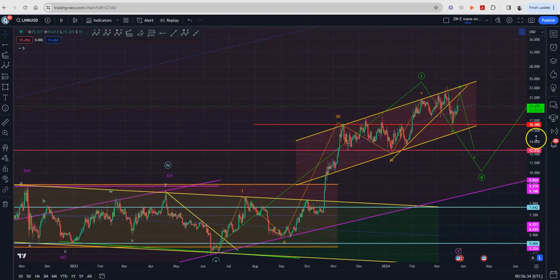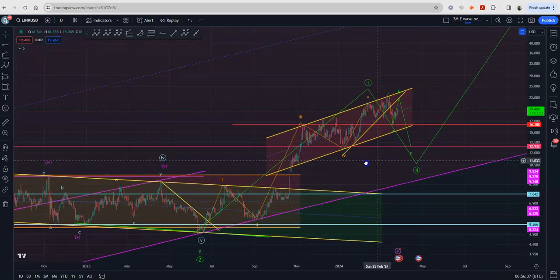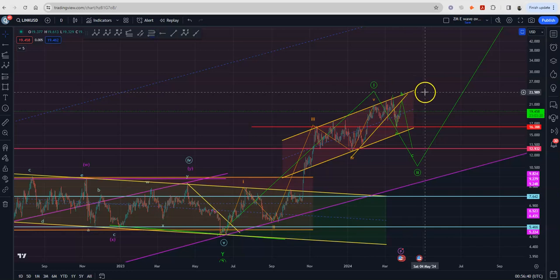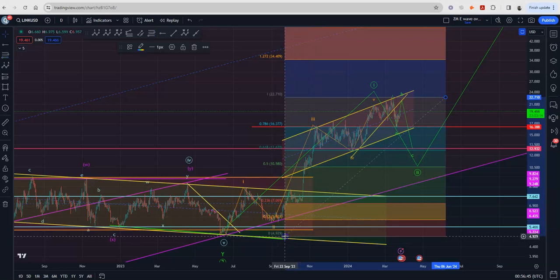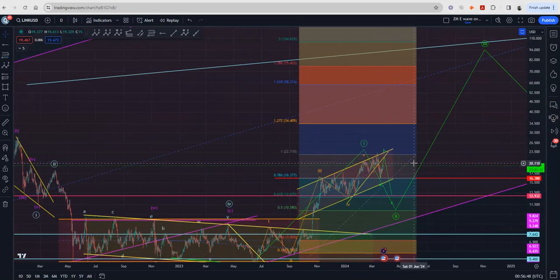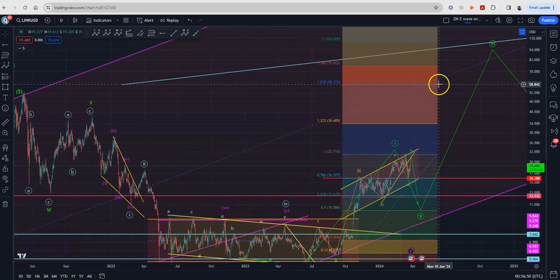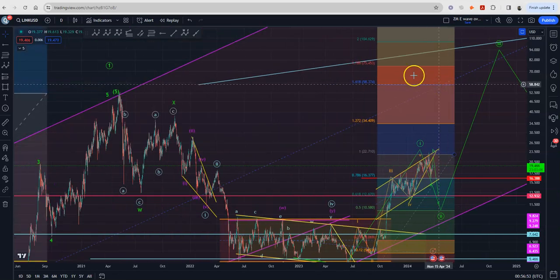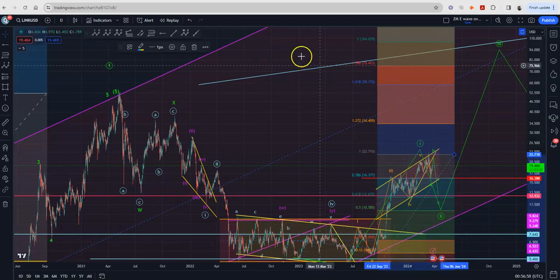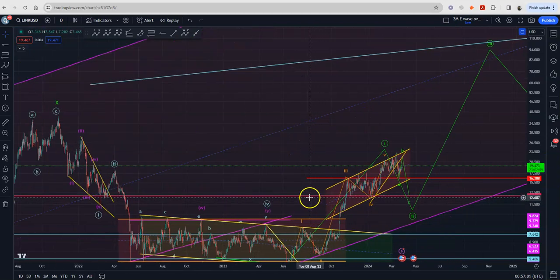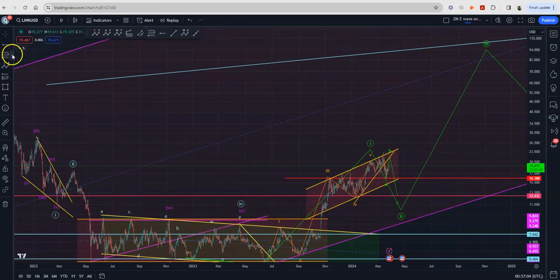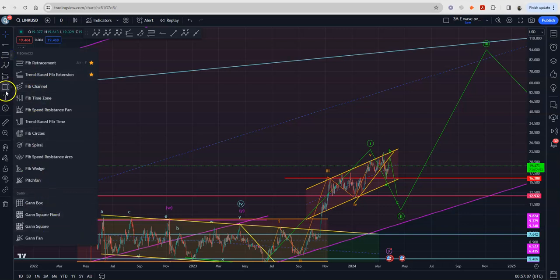Once that correction takes place, then the real fun begins for Chainlink, and I do believe we will begin wave 3 of 3, which will see it back up to new highs, just slightly skimming off the top of the all-time high. Now, just like this correction here will be a sharp correction, I'm gonna put my measurement tool.